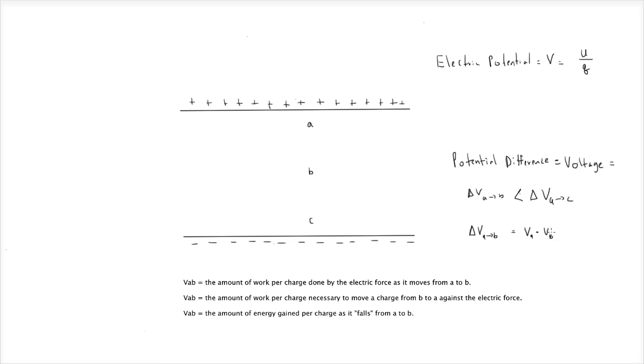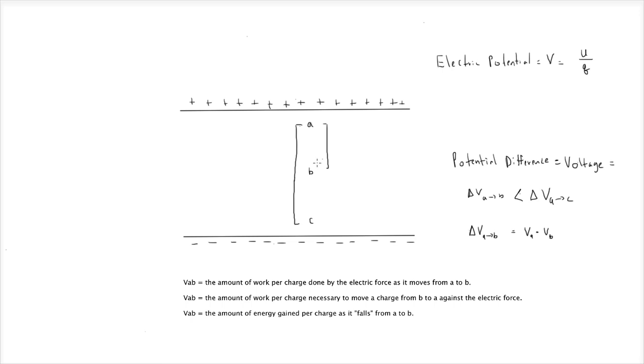And that's why what we've been doing makes sense, because the drop in potential energy from A to C is higher than from A to B, and these are going to be positive numbers from A to B or A to C.